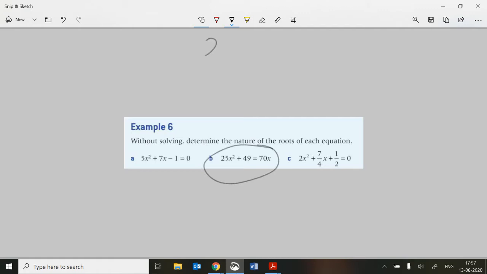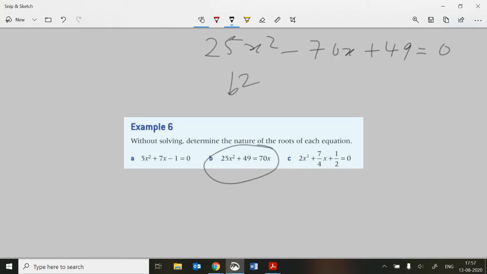And here we're going to need to do a rearrangement to start off with, because the quadratic equation relies on us having everything on one side, with a, b, and c. Doesn't mean to say that you can't have terms being negative in there, but it just means that b is equal to minus 70.